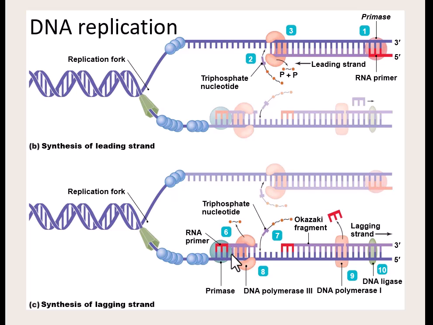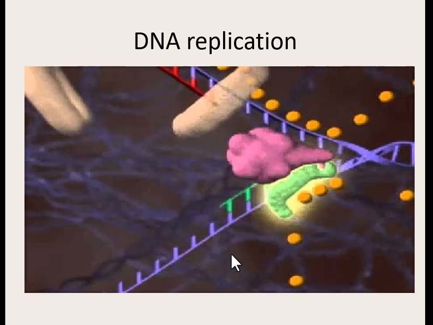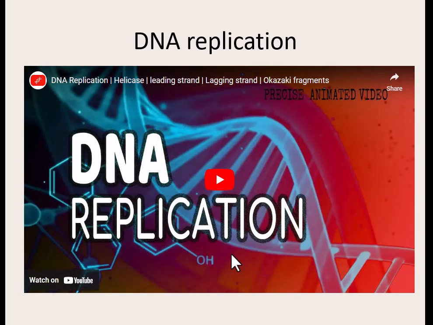Then other enzymes clean everything up and put it all together. It takes a little bit longer, so we call it the lagging strand. So when we make new DNA, one strand is easily copied, because you just unzip and then add new bases. But the other strand, that lagging strand, has to do everything in reverse, one snippet at a time. I think I've got a video that shows this.